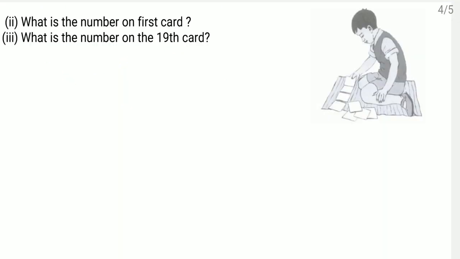Here, what is the number on the first card? That means I need to get the value of A. Already I wrote equation 1 and 2. So I'll substitute the value of D in equation 1. So what happens here? Let me write down first equation 1. A plus 9D, which is equal to minus 38, right? In the previous sum we got, no?